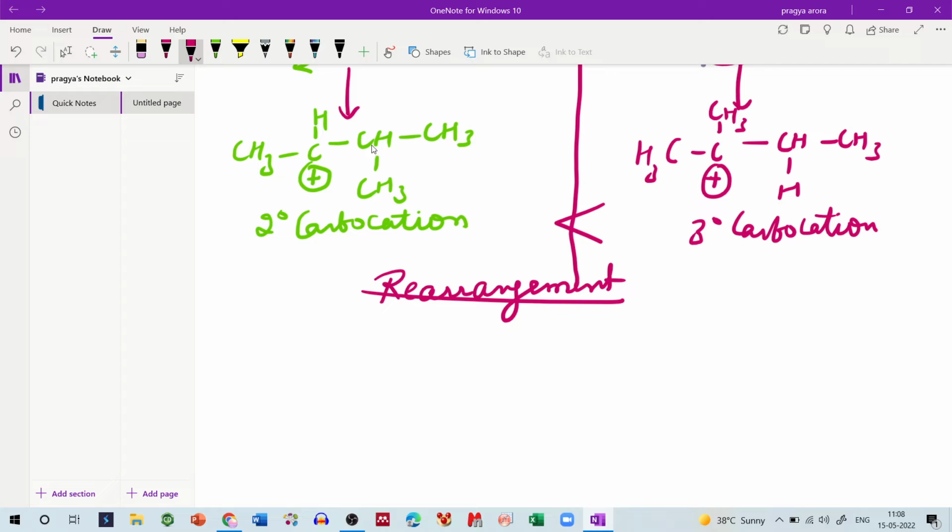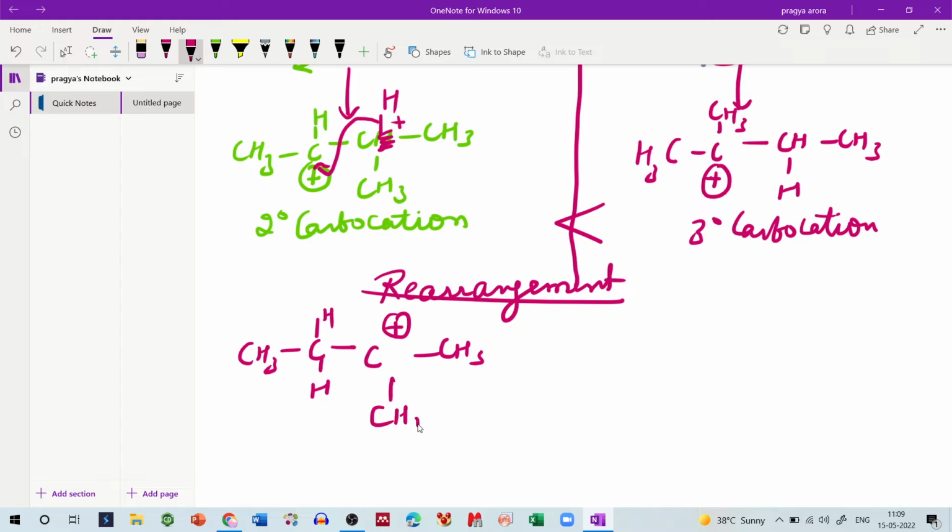So for the rearrangement, let's say this hydrogen present over here undergoes a 1,2-hydrogen shift. This hydrogen will come over here and the carbocation will be generated over here.